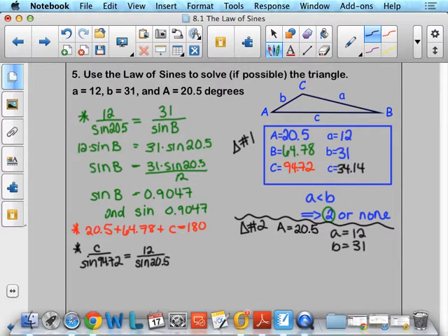Okay, so the first thing we solved for here in the first triangle was capital B. So to find capital B for the second triangle, we're going to take 180 minus the old B. So minus 64.78.